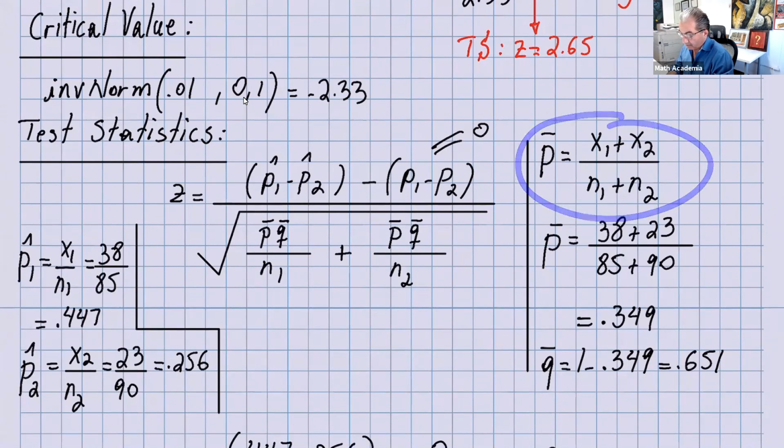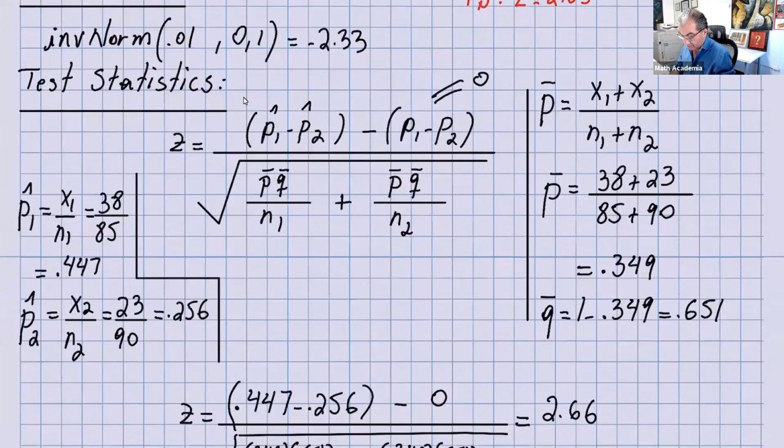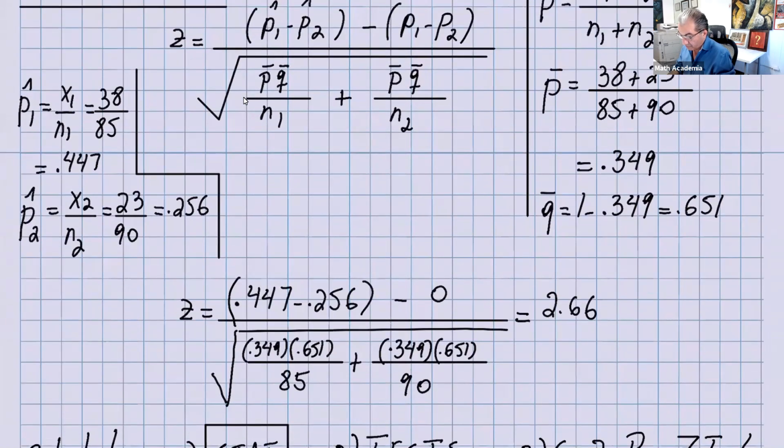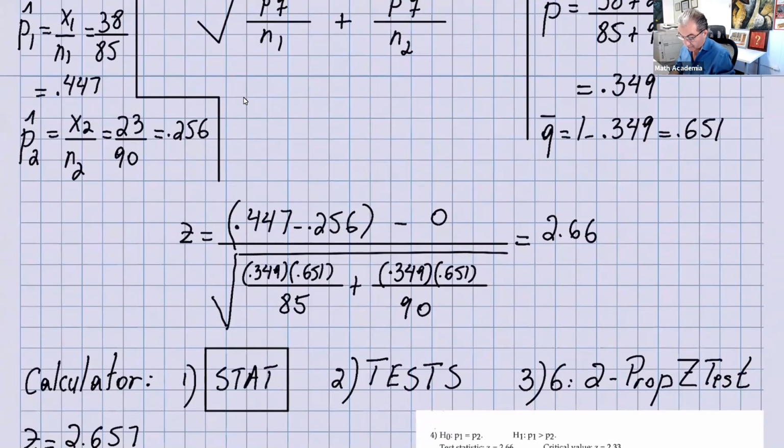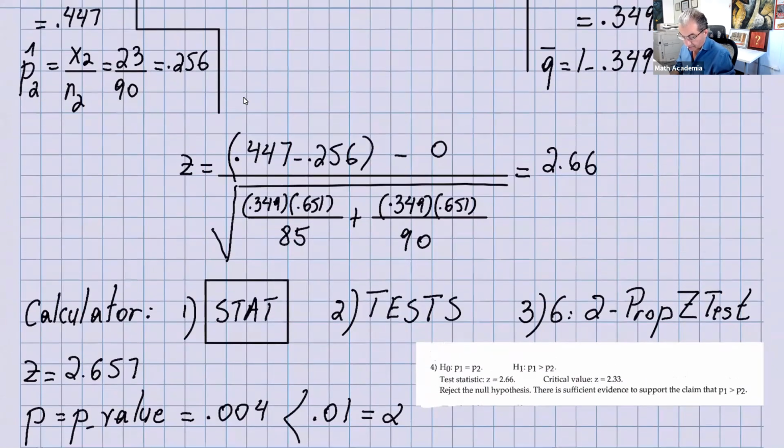Calculate p bar by substituting the givens, x1, x2, n1, n2 are given, so you get that. Q bar is 1 minus p bar, so you get that, and just substitute the givens in the formula, you get approximately 2.66. And you can use your calculator for that.